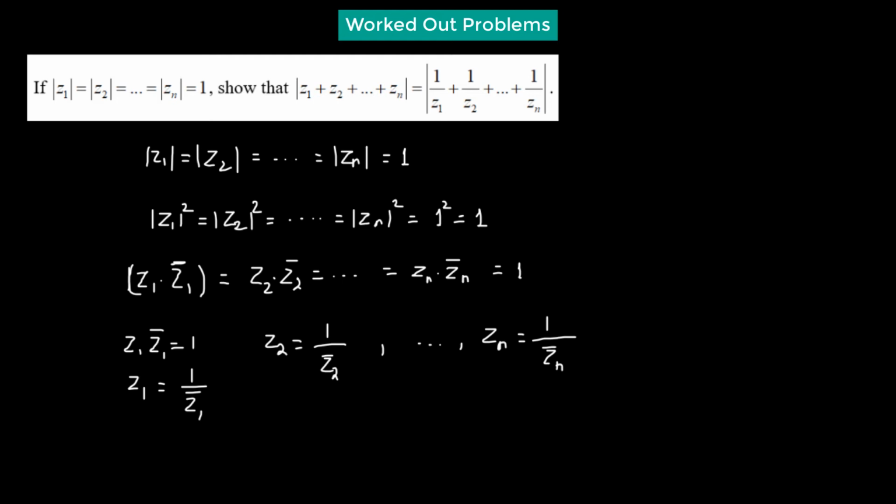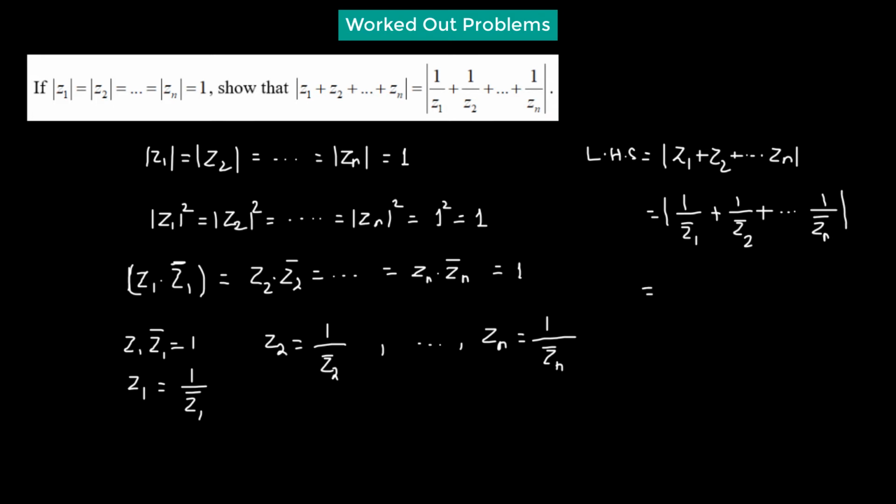So let us now begin with the left hand side of our proof. On the left hand side we have the absolute value of the sum of the complex numbers, which we are going to replace by the corresponding values, which is 1 over conjugate of z1 plus 1 over the conjugate of z2 all the way up to 1 over the conjugate of zn.